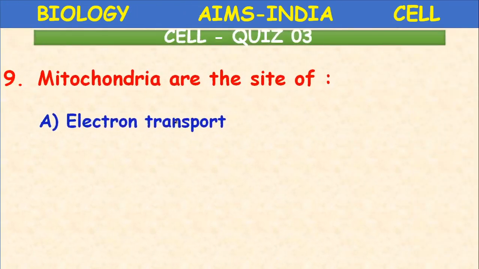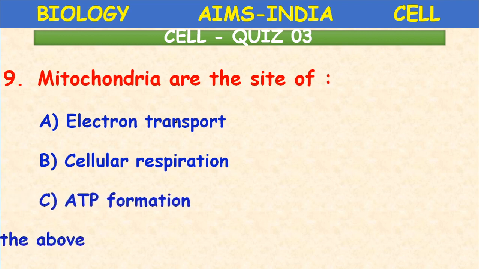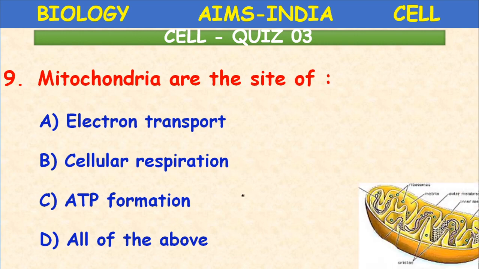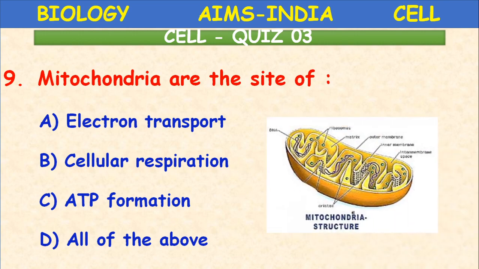Mitochondria are the sites of... That process of cellular respiration takes place in different stages. Here the stages are mentioned. You will study the answer in your higher class. Mitochondria contain several respiratory enzymes in the matrix of mitochondria and the internal membrane, that is cristae.